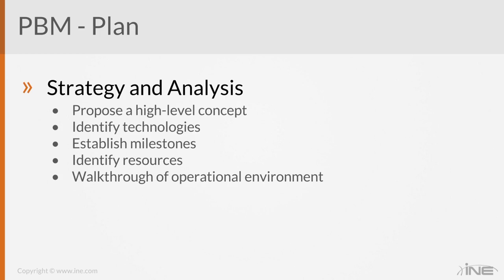So you need to propose a high-level concept. How do you do this? You identify the technologies. What are the technologies in place? What kind of technologies can be added to it? You establish milestones, and from past experience, customers really appreciate the milestones. Those are steps to reach at a certain point. It also reassures your customer.